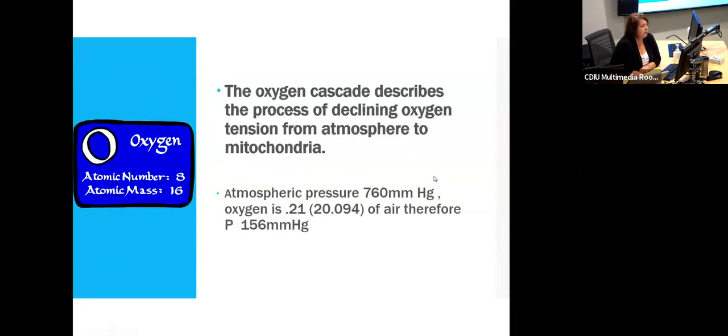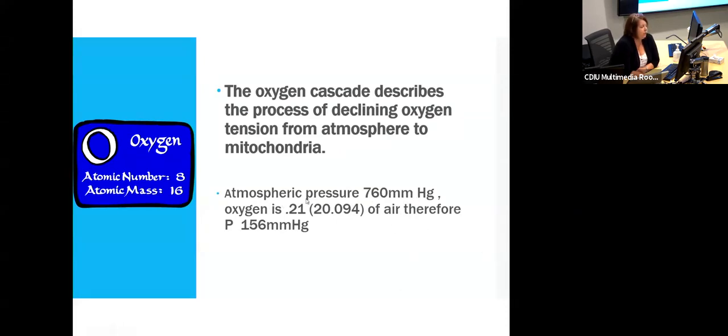So just to remind you that oxygen is a naturally occurring substance. It has an atomic number of 8. It has an atomic mass of 16. The atmospheric pressure is 760 millimeters of mercury at sea level.